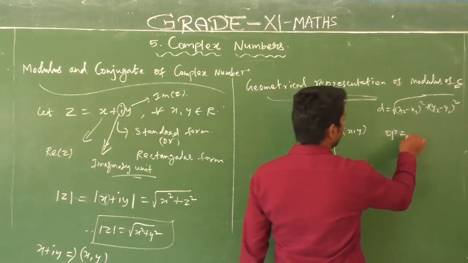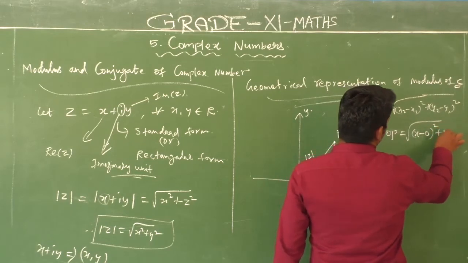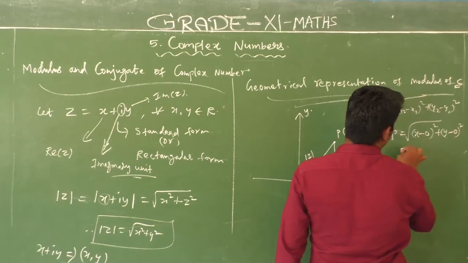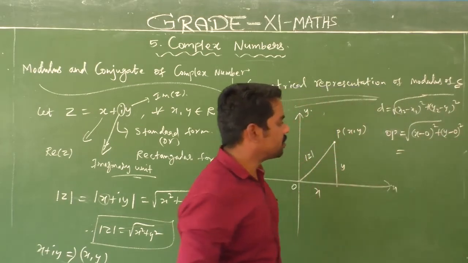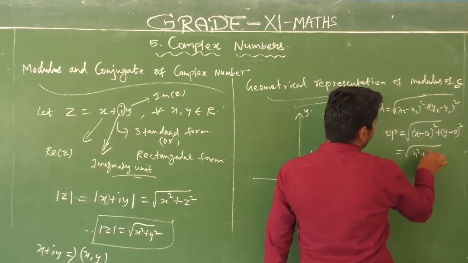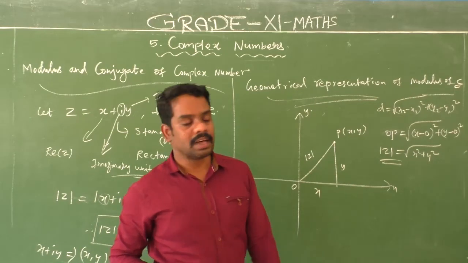So x minus 0 whole square plus y minus 0 whole square, whole root. So root of x square plus y square. This is the modulus.